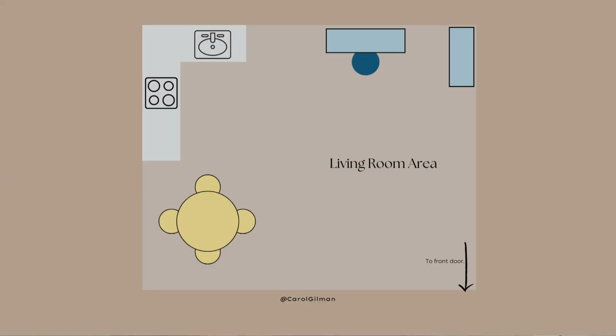So one thing to think about before we even think about creating a conversation area is to make sure that we find out in our living room where is the main pathway that goes through that living room, because that's going to determine where we put our conversation area.